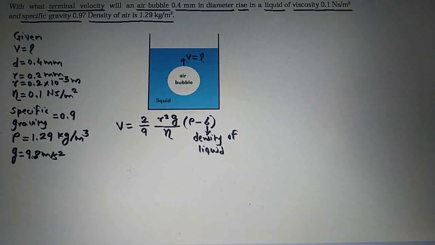So now we can write here the specific gravity is equal to the density of liquid divided by the density of water.